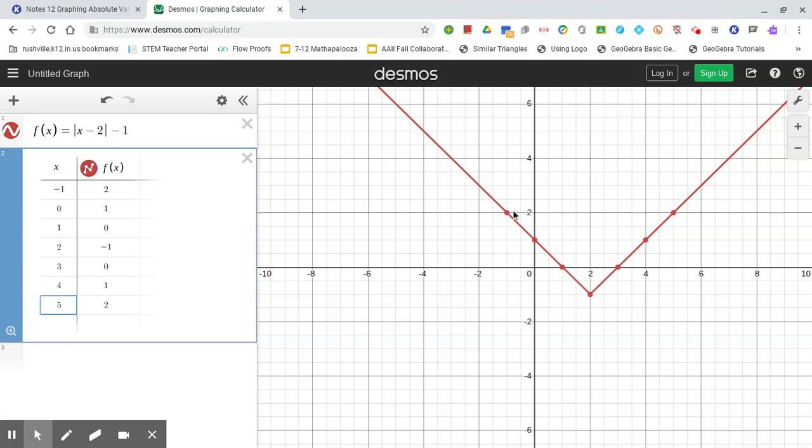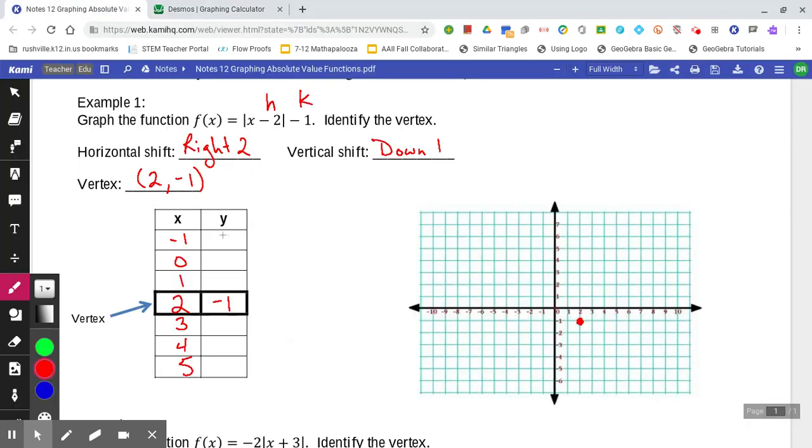These dots are at the same heights, so let's go ahead and copy those into our table. So we have 2, 1, 0, and 0, 1, 2. And all we'll do is plot those points on either side.